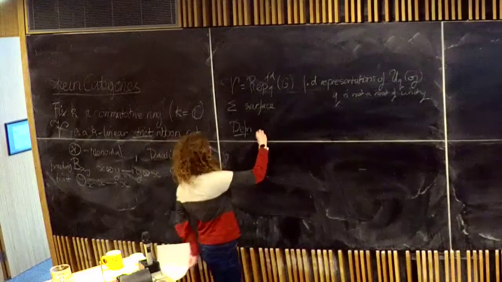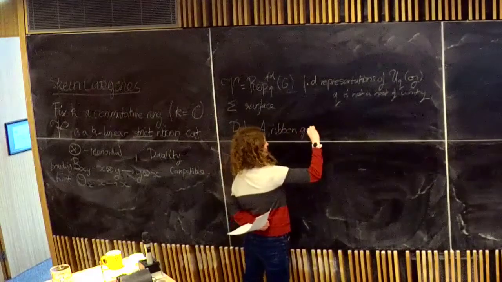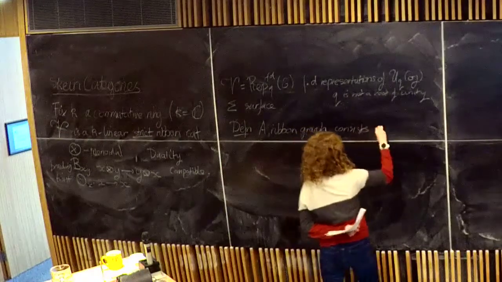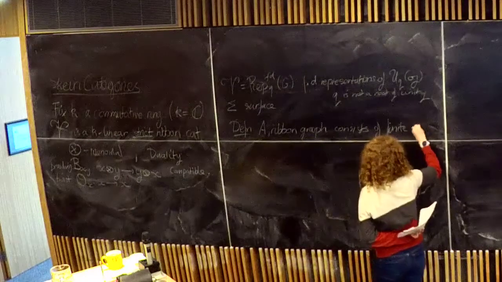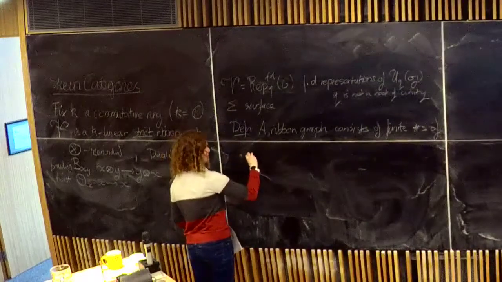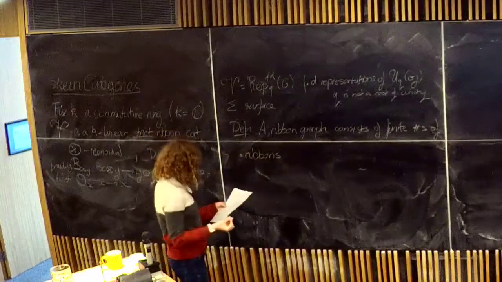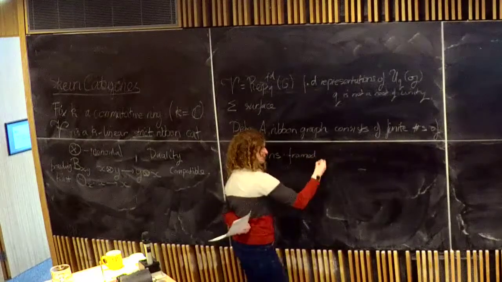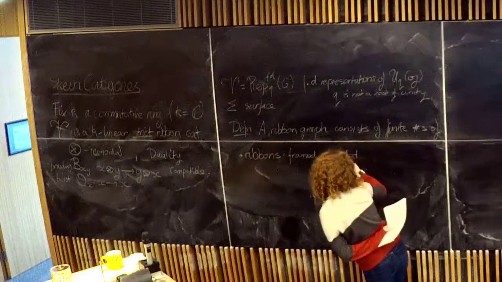So we have a ribbon graph, which consists of a finite number of framed directed strands.